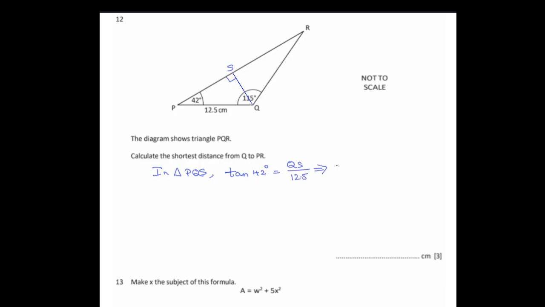This will give you QS is equal to 12.5 multiplied by tan 42. Let's find out. 12.5 into tan 42.